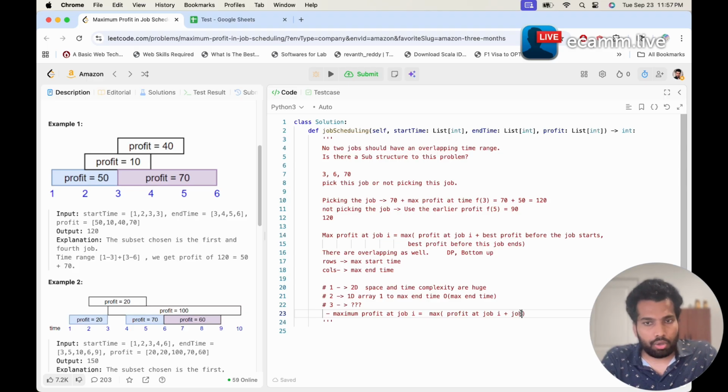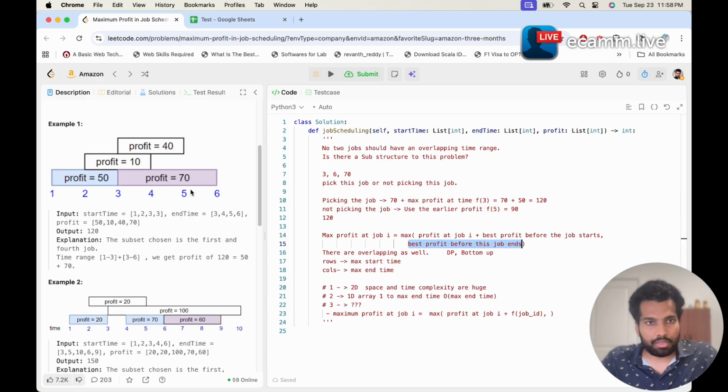It's like saying f of job id, where the job id is the job that has an end time less than or equal to 3, comma, the best profit before the job ends.